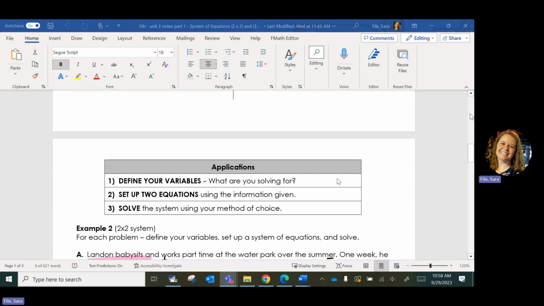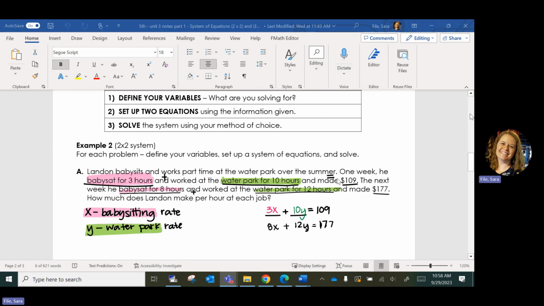We just practiced setting up systems for real world scenarios, application problems. For the 2x2s, we identified our two variables, x and y, and we came up with two equations for the information given to us.